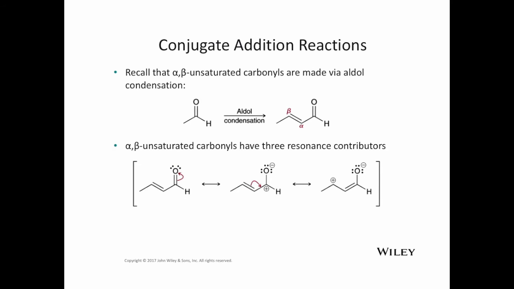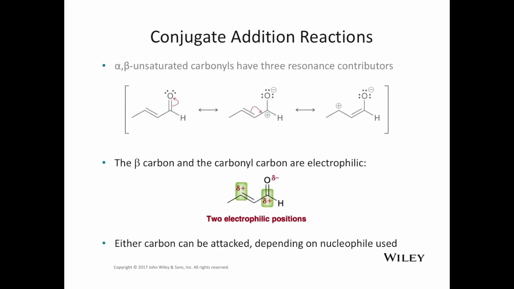Alpha-beta unsaturated carbonyls can be made via an aldol condensation. And if we look at these resonance forms, we see that in one of the resonance forms, there is a positive charge on that carbon, meaning that carbon is electrophilic. So in addition to the carbonyl carbon, the beta carbon, so if this is alpha, that would be the beta position, is also electrophilic, and you can have a nucleophile attack at that carbon.